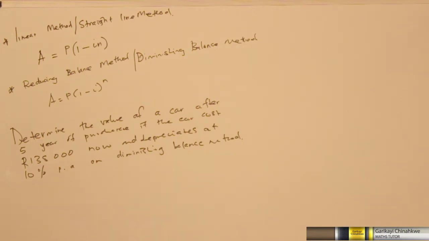All right. Determine the value of a car after 5 years of purchase, if the car costs 130,000 rands now and if it depreciates at 10% per annum on diminishing balance method.